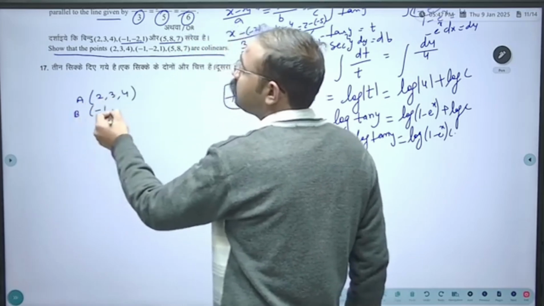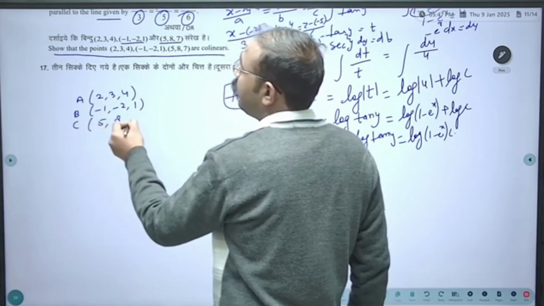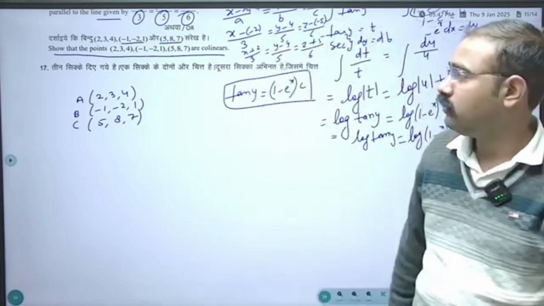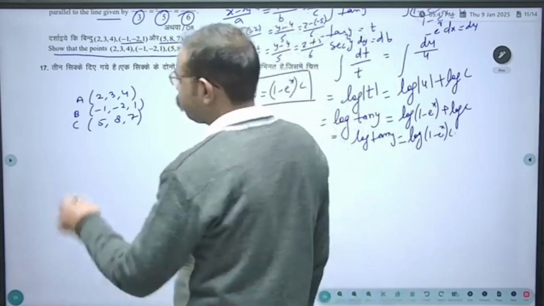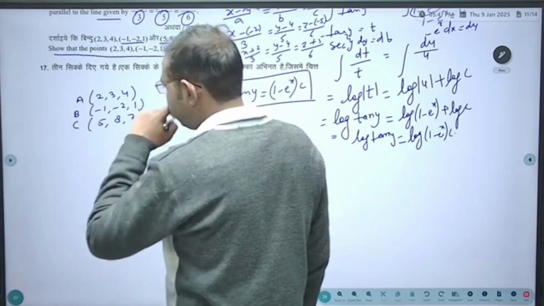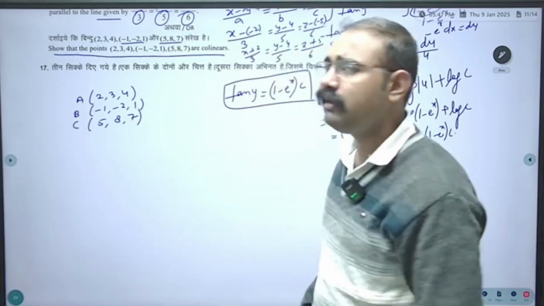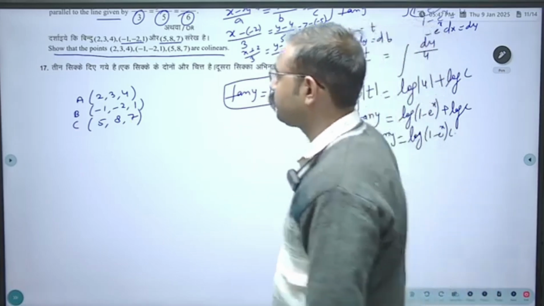Point B is minus 1, minus 2, 1. And point C is 5, 8, 7. We have these 3 points and we have to prove that they are collinear. Simply, many ways are there. We have many methods to prove this.